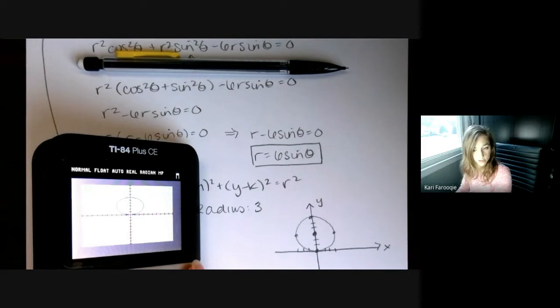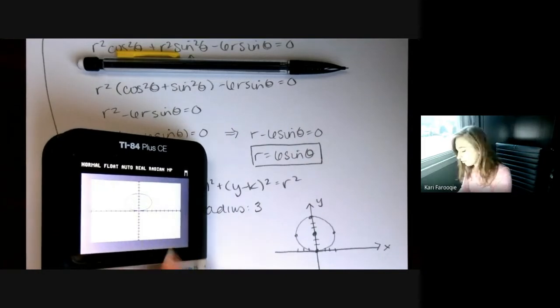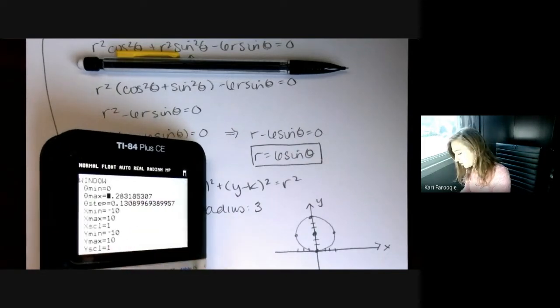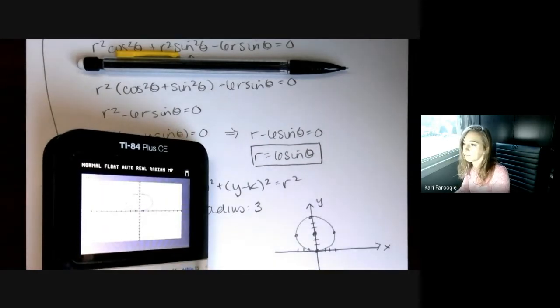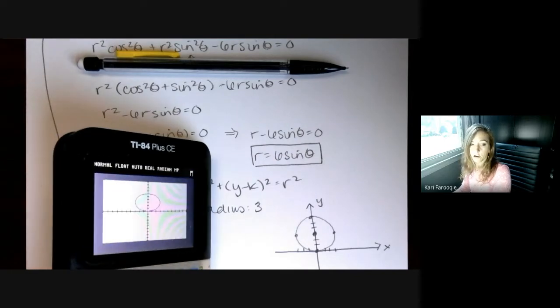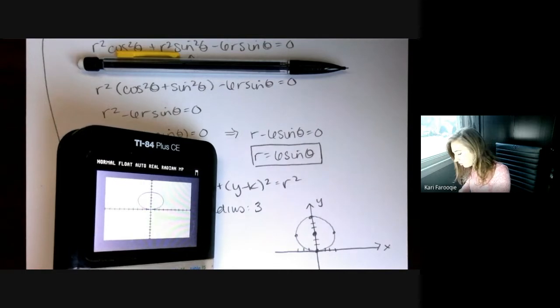It graphs it twice, for the exact reason that I just said that it would. Go back to maybe just pi. I'll graph it one time. And remember, I could only see that because I had the little magnifying glass thing selected, or whatever you want to call it.